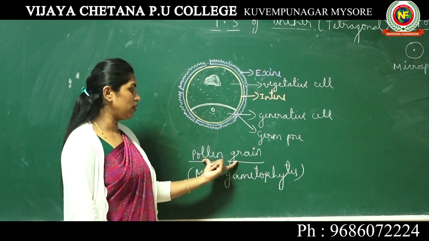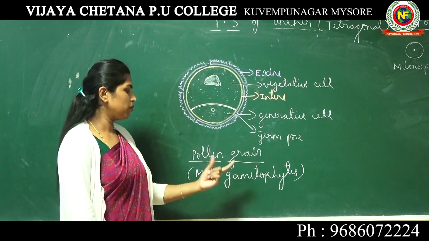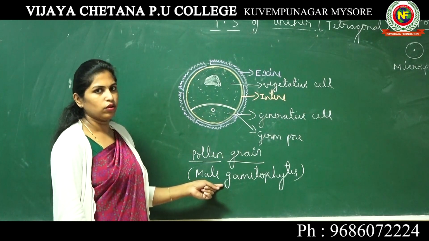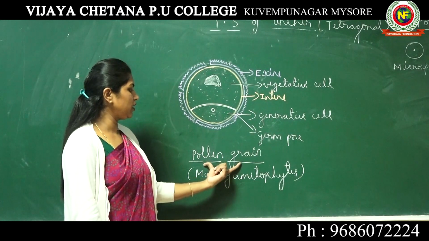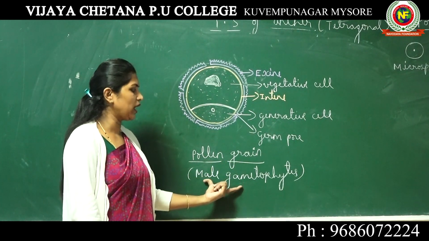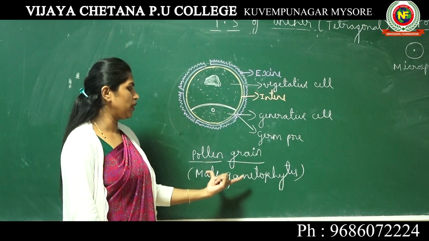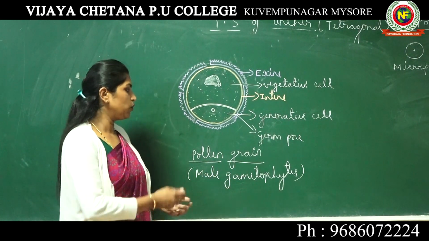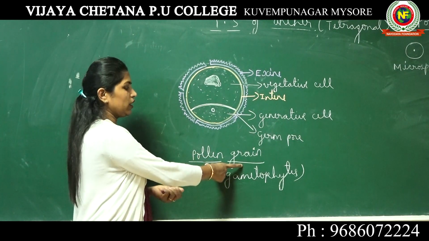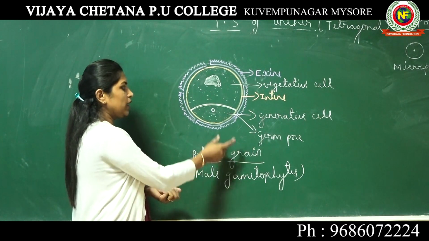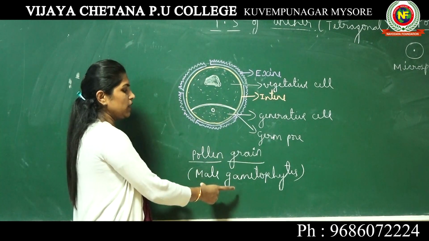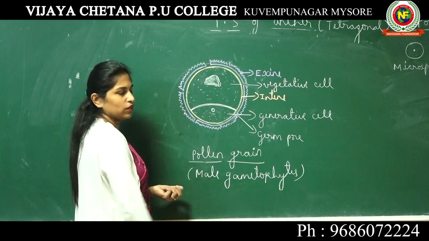Then why do we call the pollen grain a male gametophyte? Because it carries male gametes in it. Since the pollen grain carries male gametes, pollen grains are known as male gametophytes. You know the meaning of gametes. So where does the pollen grain carry the male gametes? It is in this generative cell that pollen grains carry the male gametes.